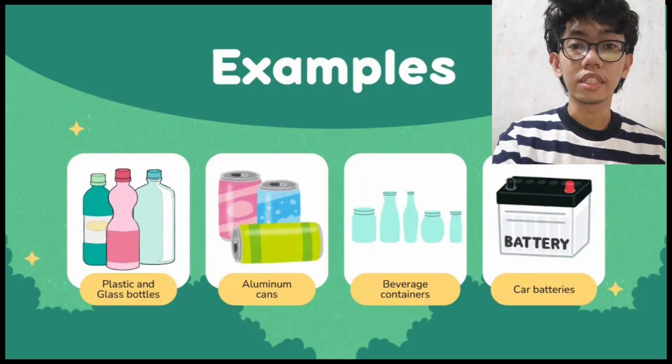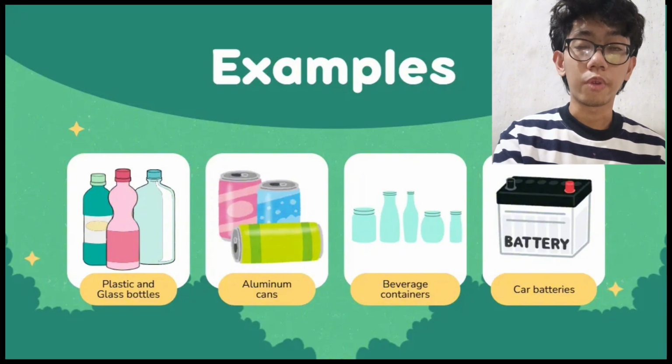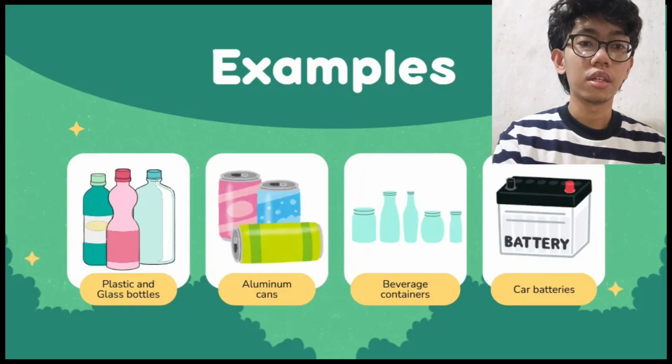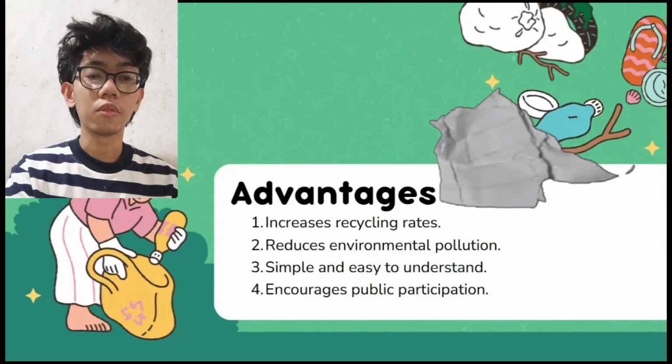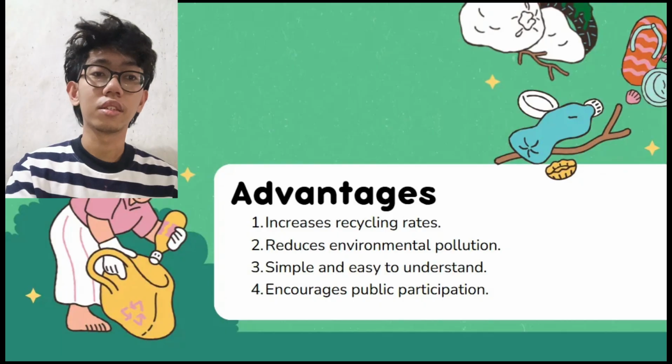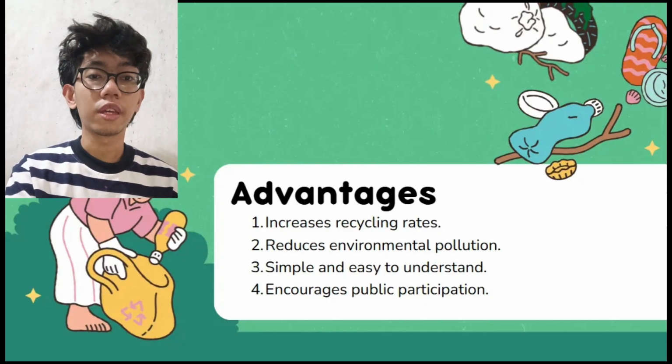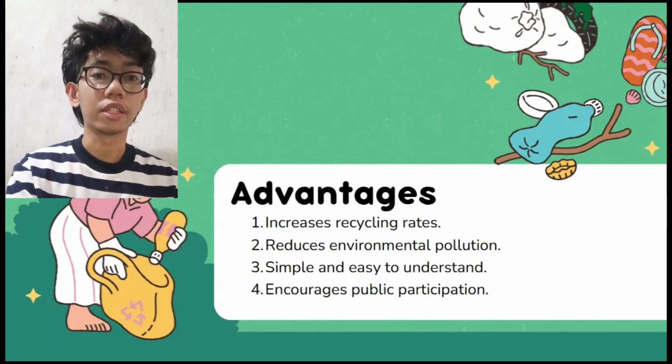In some places, even car batteries are included because they can be harmful if not disposed of properly. So, that is the kind of items that we can sell or that have a deposit. Next. So, what are the advantages? So here we have 4, and I will just summarize it.